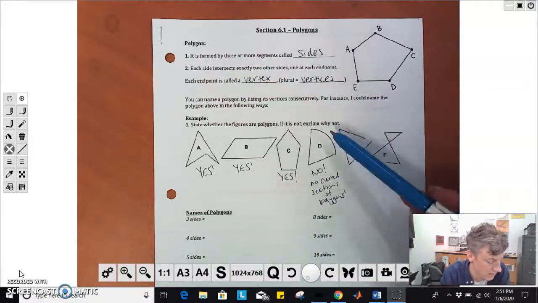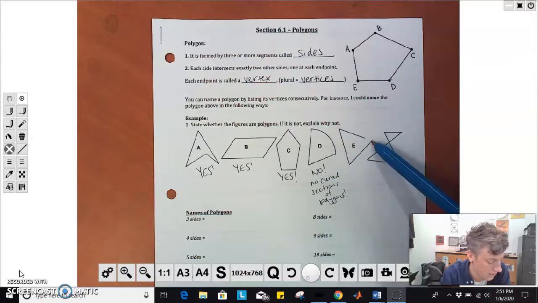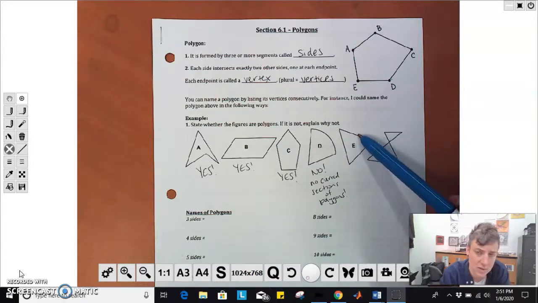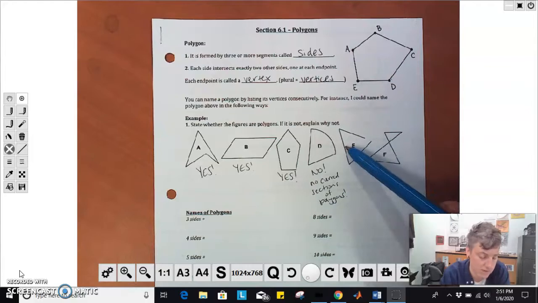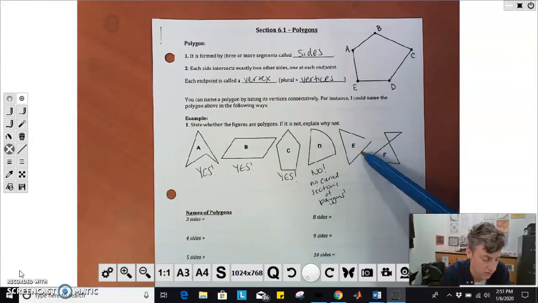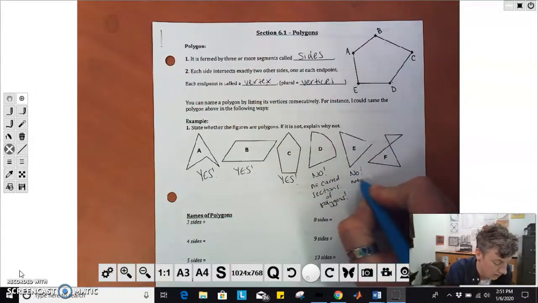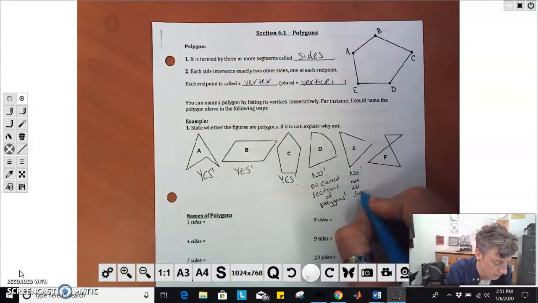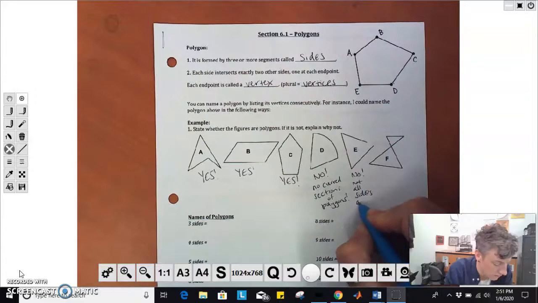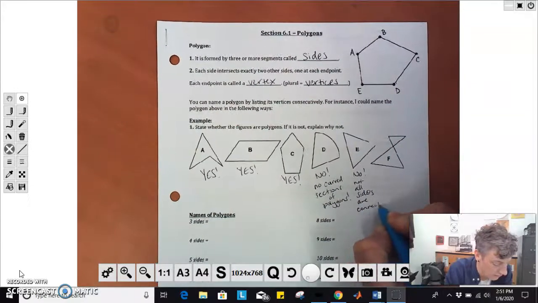Well, it's got 3 sides, but each side doesn't intersect exactly 2 other sides. Namely, this side only intersects 1 side, and this side only intersects 1 side. So basically all of them have to be connected. No. Not all sides are connected.